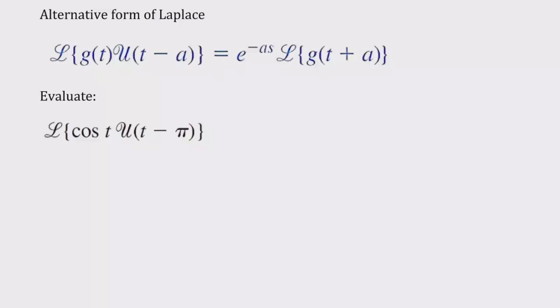Okay, so still got to identify what our a is. Probably should figure out what g is, and then look at the transformation of it. So our g of t in this case is going to be our cosine.